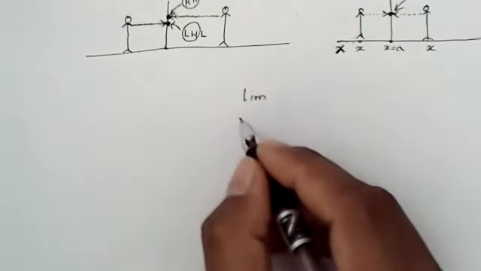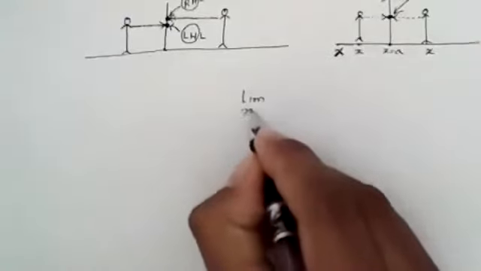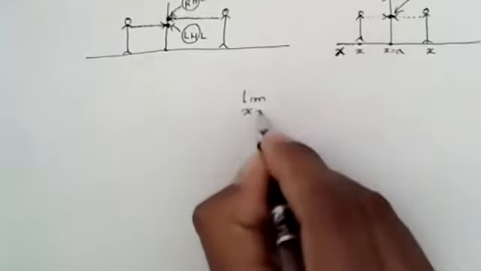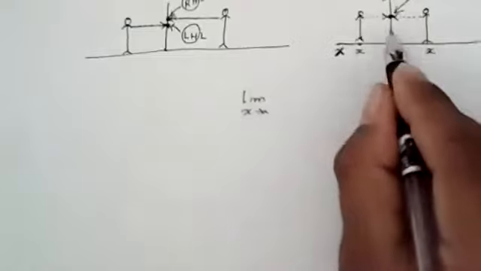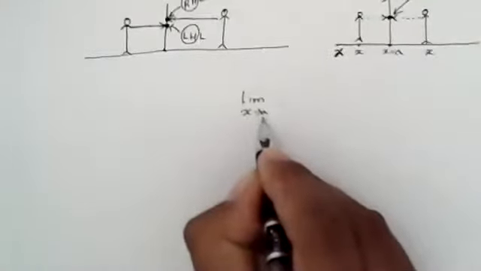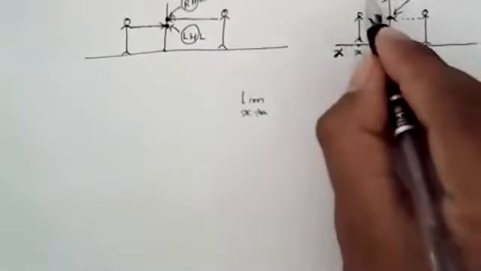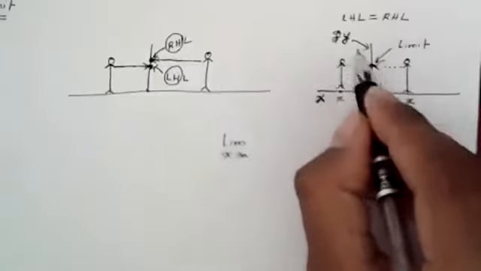We read this as limit. And what was my command? I told X to go to A, because the wall was standing at A. X tends to A.